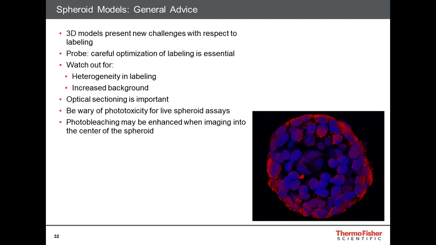So things that are valuable here are optical sectioning using confocal microscopy, as we saw with the CX7 laser instrument, where we're able to visualize cells in a single plane, a single optical slice through our specimen. And we need to watch out for phototoxicity, especially if we're doing analysis of live spheroids, where excessive exposure to light can be toxic to those cells.